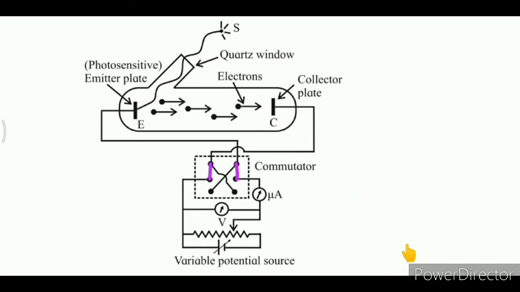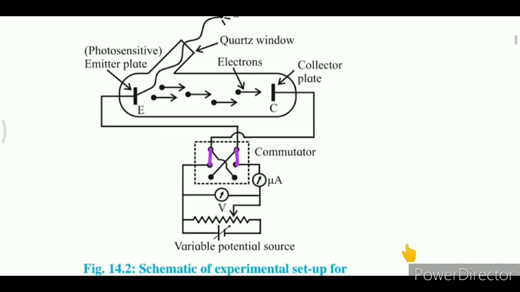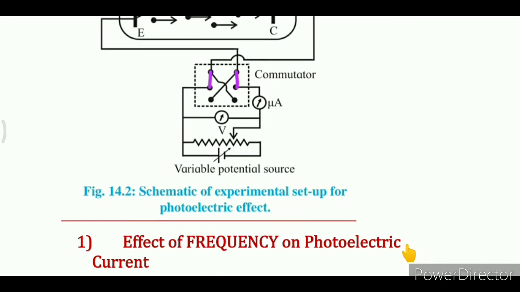Now we had recorded the observations based on the variation in the photoelectric current. First of all, we had seen this variation with the effect of frequency.